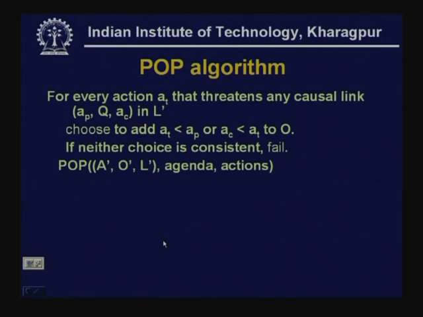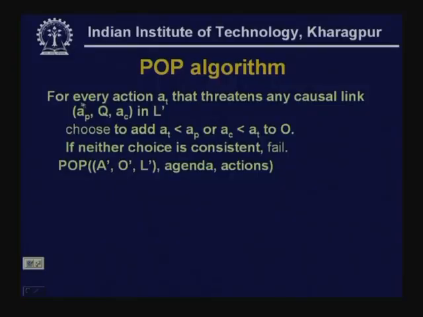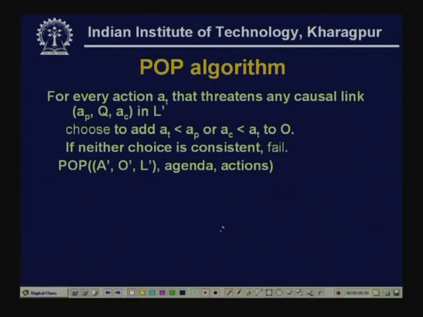Then for every action that threatens any causal link, so we have taken care of open preconditions. Next, we have to take care of unsafe links. Now, for every action AT, we check if it threatens any causal link. If it does threaten any causal link, we must put the action AT either before AP or after AC. So, I have already drawn that diagram.